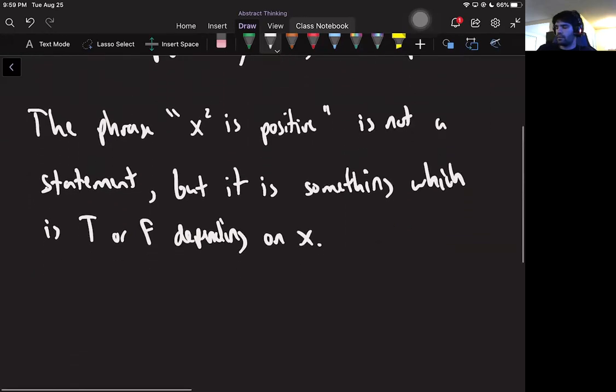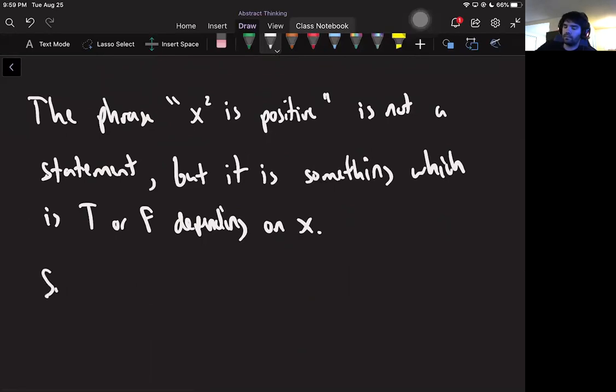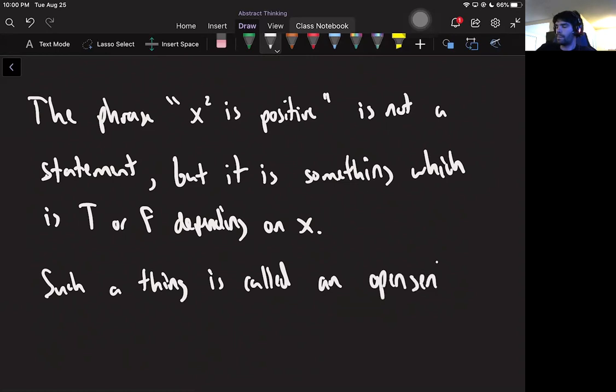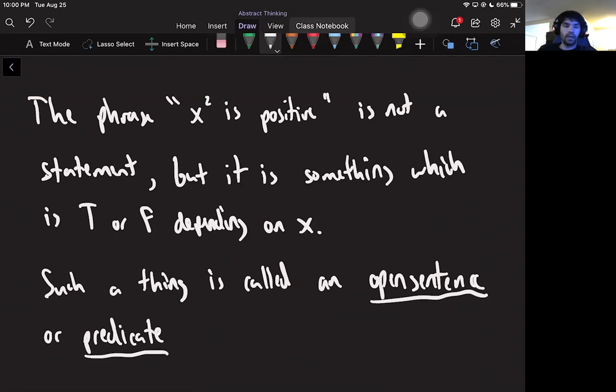So we do have a name for such a thing. Such a thing is called an open sentence. You might also hear the phrase predicate. But the name doesn't matter so much. The point is, it takes truth values, true and false.